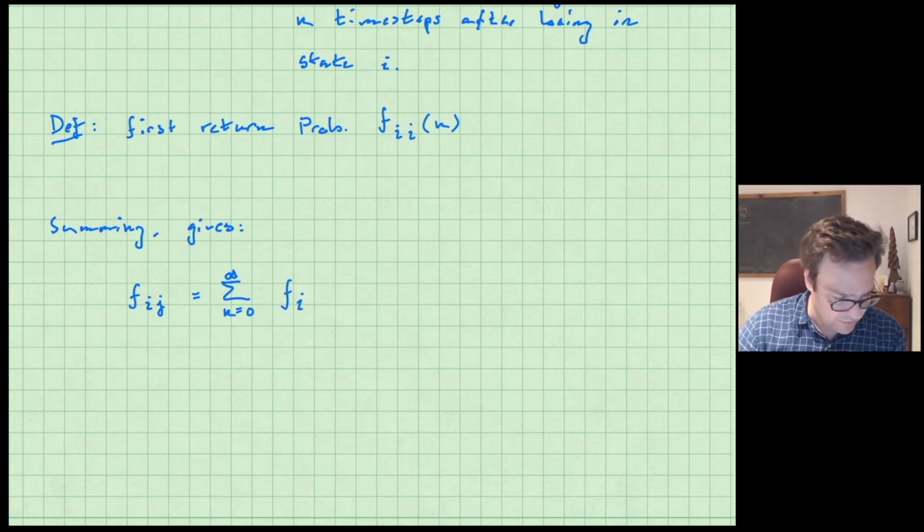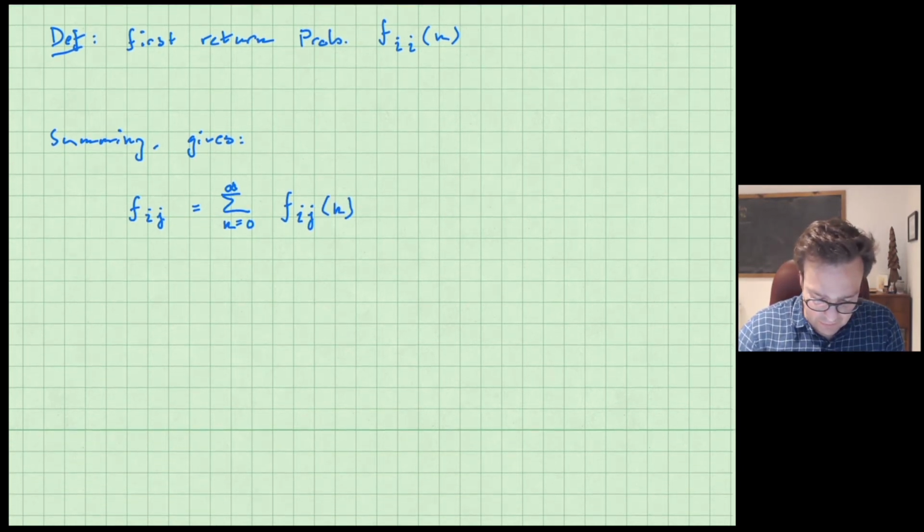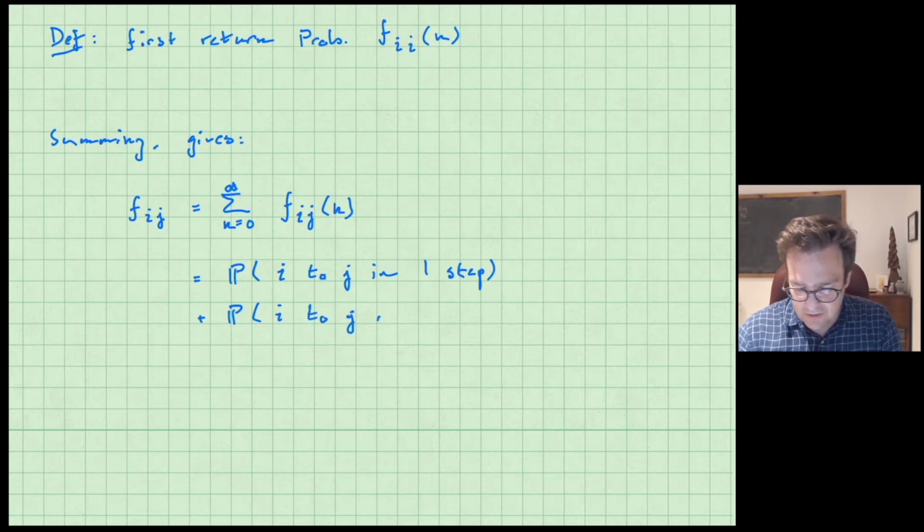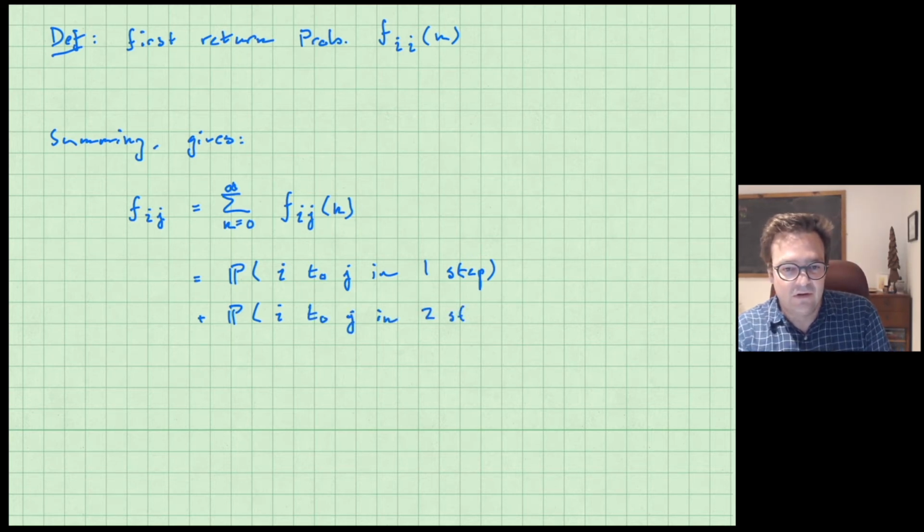Now let's think about what this means. I'm going to sketch out what the sum is. Let's write the very first one, so that's the probability of going from I to j in one step. That's the first term. The second term is the probability of going from I to j in 2 steps, and here, I to j means without stopping at j somewhere along the way.